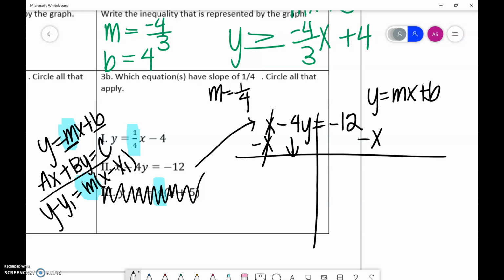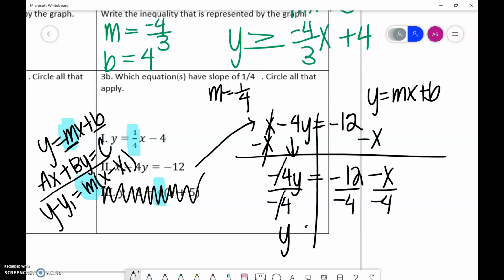Then I'm going to bring down -4y equals -12 minus x. Remember, you cannot put these two together because they are not like terms. I'm going to divide both sides by -4. This cancels out. So I'm left with y equals, I have -12 divided by -4, it's +3.